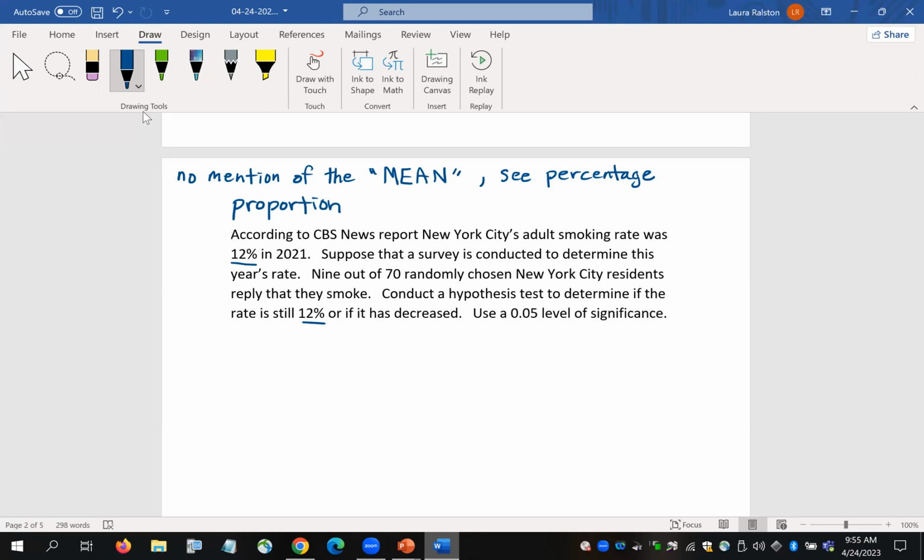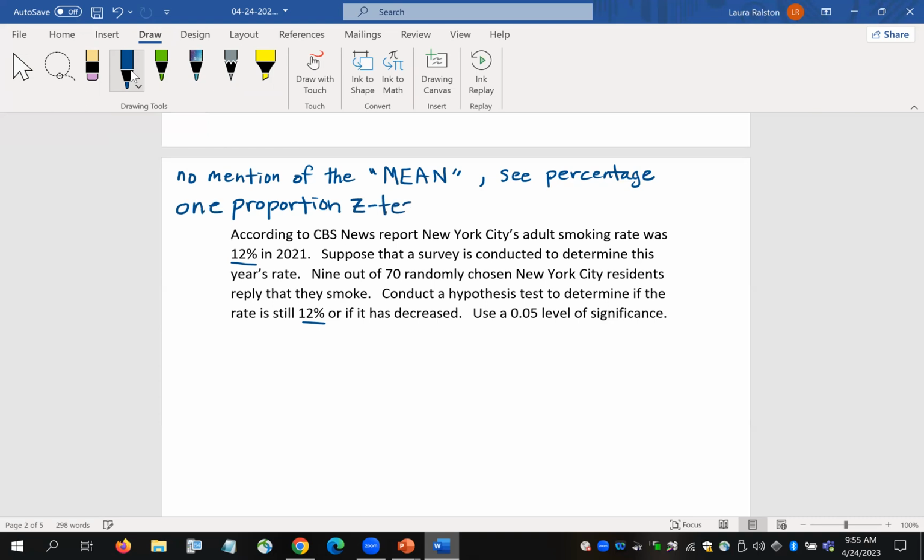And then I need to think about, should it be one proportion or two proportion? As I'm reading through this paragraph, they're only talking about one thing, whether people in New York City smoke or not. So that is my clue that I've got a one proportion Z-test.